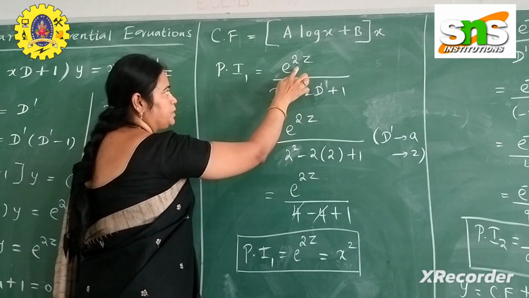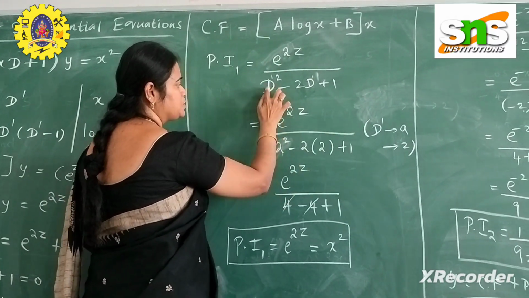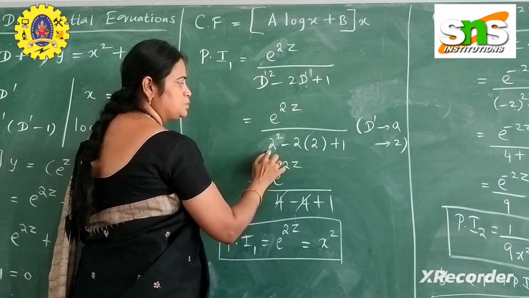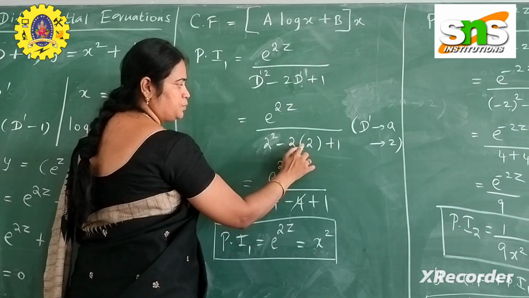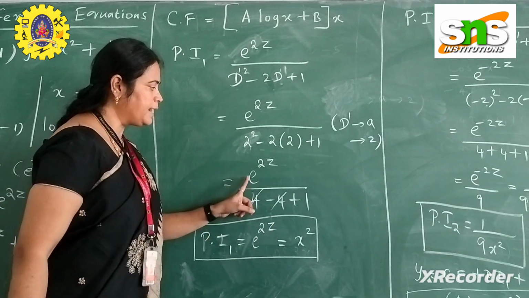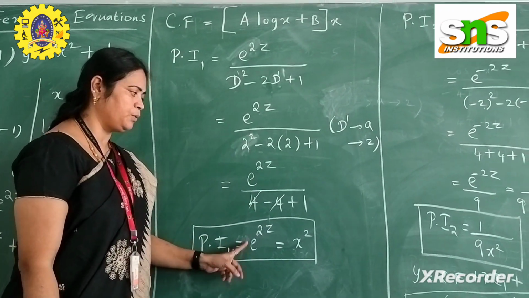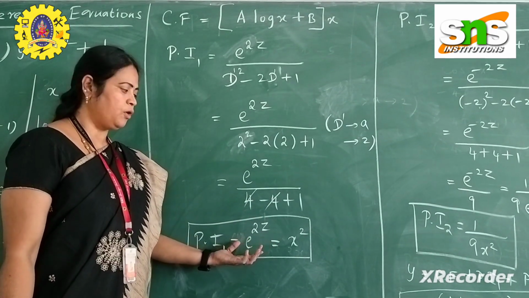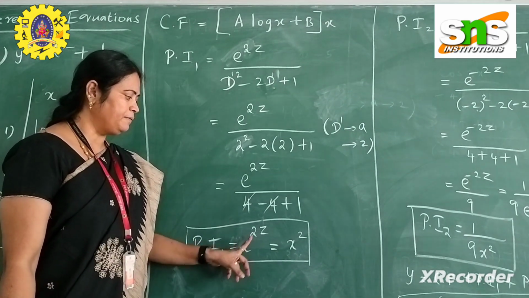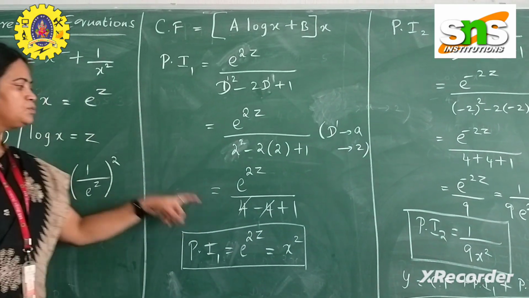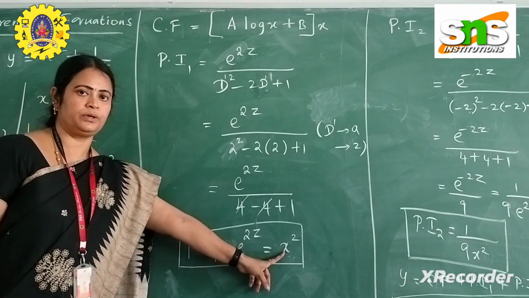So if you replace, what you get? e^(2z) divided by 2² − 2 into 2 + 1. 2² is 4, minus 2 into 2 is 4, plus 1. So 4 and minus 4 get cancelled. Our answer is e^(2z) by 1, that is e^(2z). Final answer you have to give in the form of x and y. So e^(2z) can be written as x², because e^z is x.